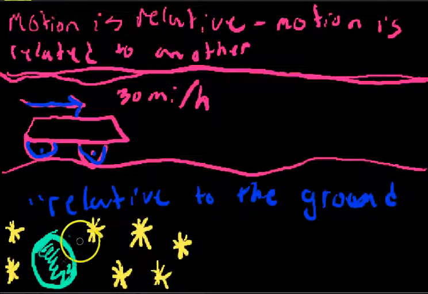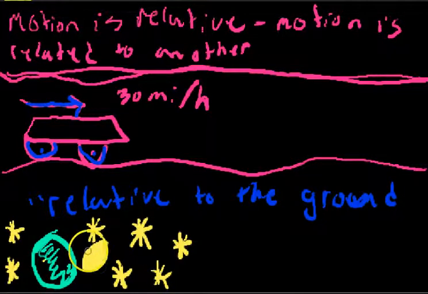So it is moving, but then you say, okay, well, if the earth is moving, the earth is generally what we say we are relative to. So if I'm in my car moving 30 miles per hour, well, I'm relative to the earth, I'm relative to the ground. But if the earth is moving, what is it relative to? Well, it's actually kind of simple. It's relative to the sun and the stars in our solar system, because those are the next large masses.